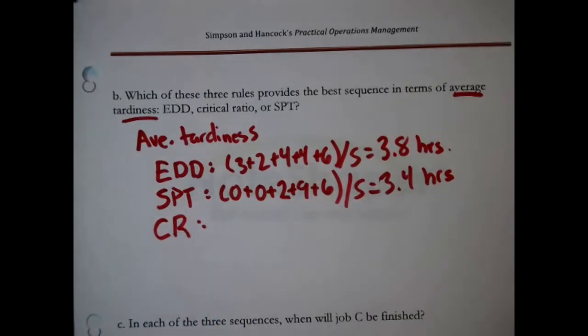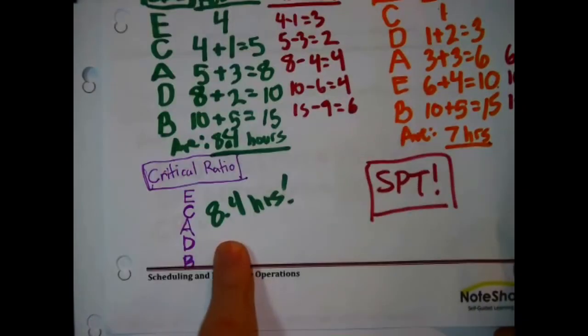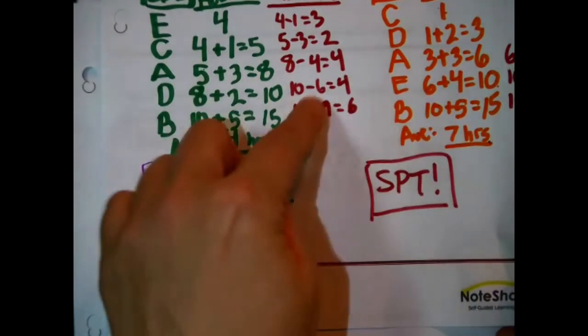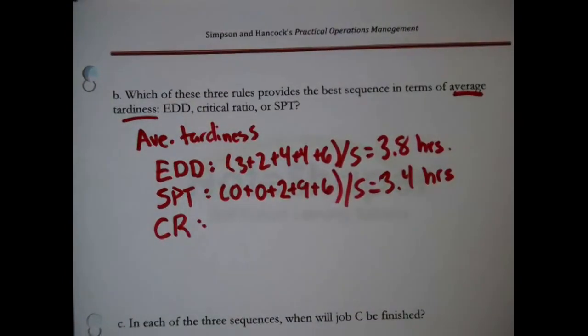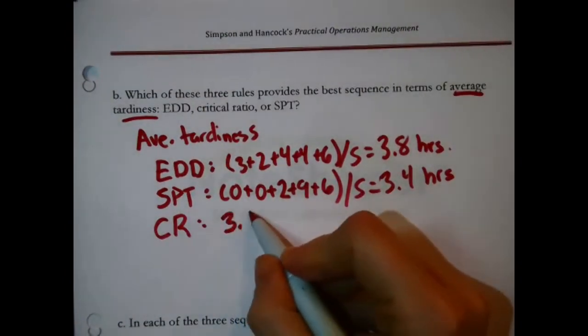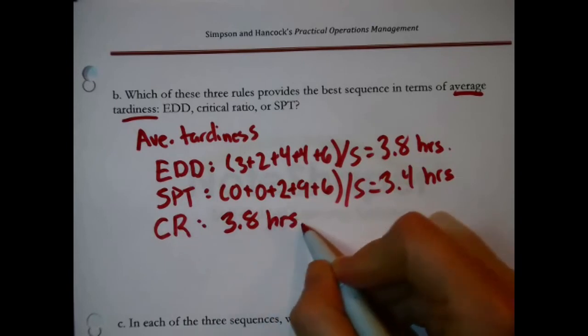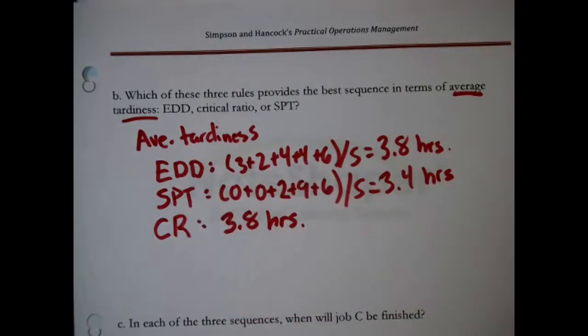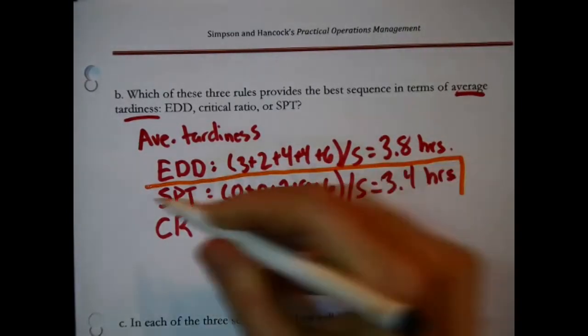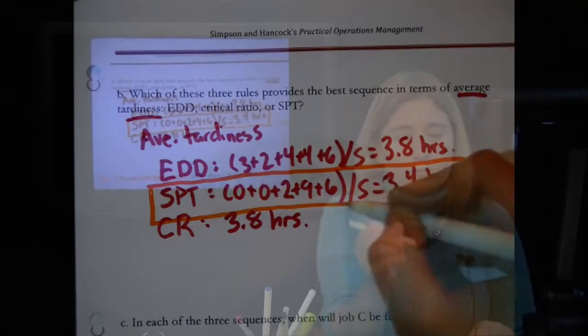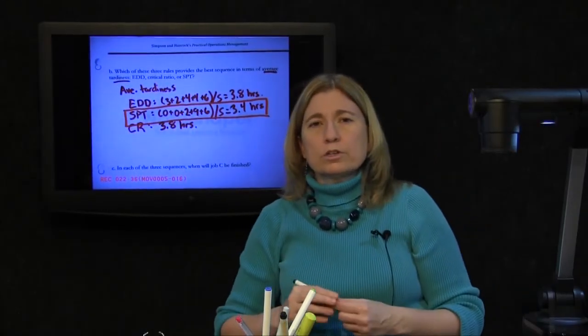Critical ratio has the same sequence as earliest due date, so it will have the same average tardiness as well. So I don't have to do any calculations. That's going to be 3.8 hours because these two things are actually the same sequence. Who has the best? Notice that in this case it is shortest processing time. That won again. Okay, so that answers that question.